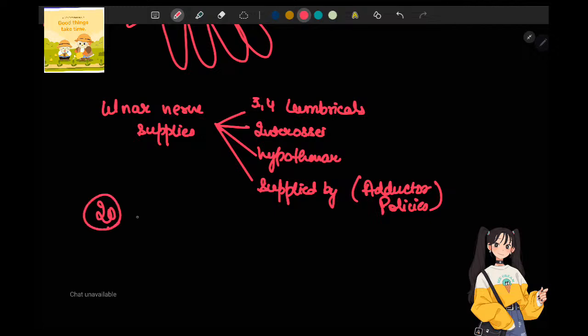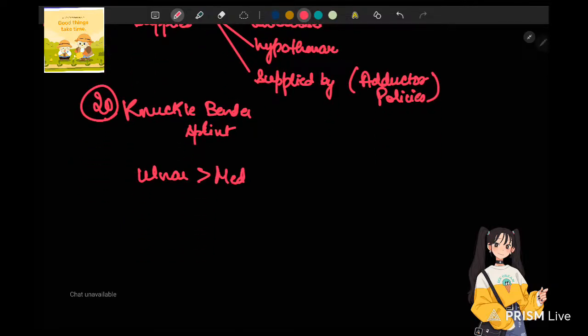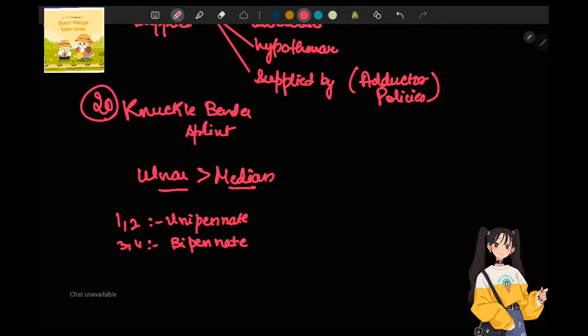And then we have knuckle bender splint. This is median, this is ulnar nerve.